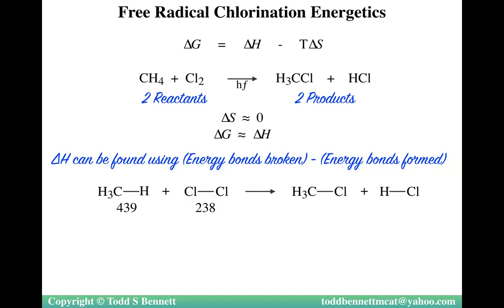238. Halogen bonds are actually a little less stable. The carbon halogen bond, notice, is a little bit less stable than the carbon hydrogen bond. Then finally, HCl, strong acid. So it associates, but relatively large number. Okay, so I looked these up, and again, these numbers are derived from looking them up on multiple sources and taking an average value.